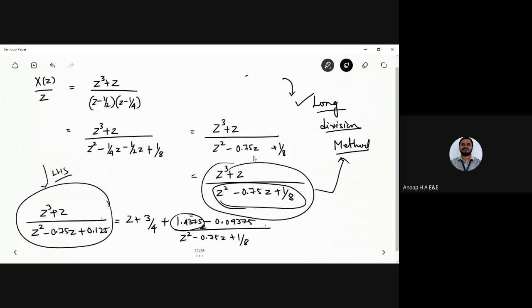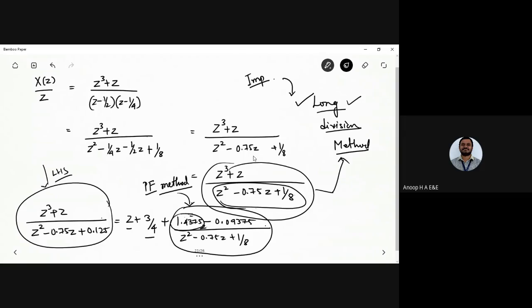It is a very important step, because once the function is not a proper rational fraction, the long division forms a major part of getting to your final inverse Z transform. So what I need to do here is take the inverse Z transform of this function by the partial fraction method, PF method.